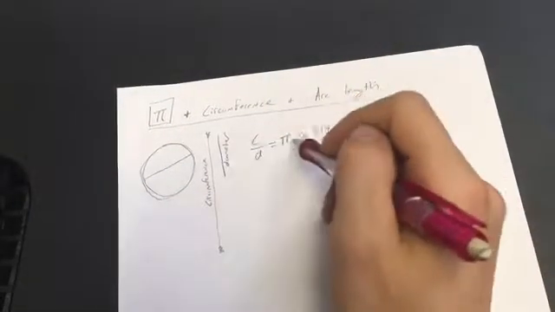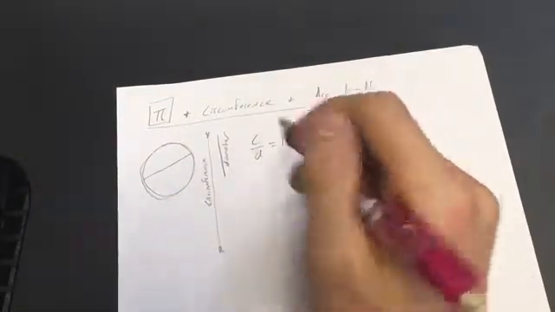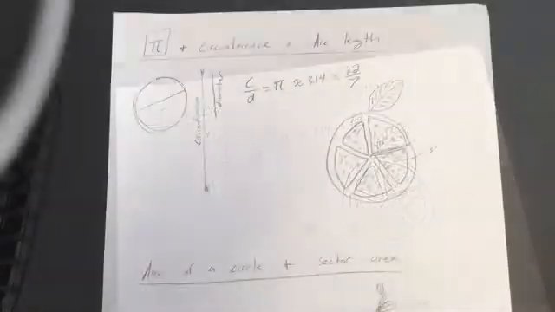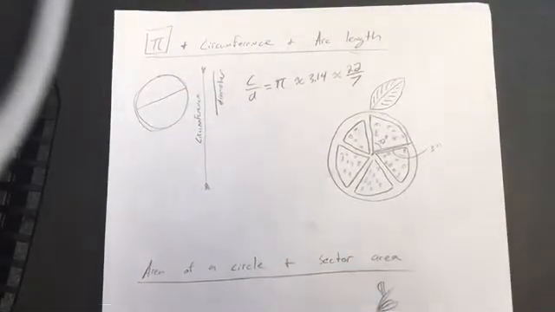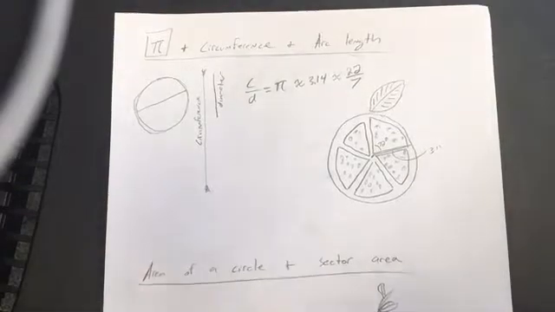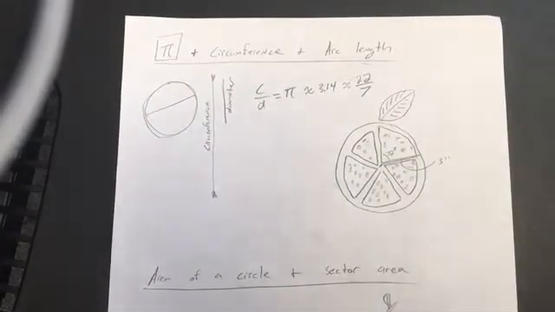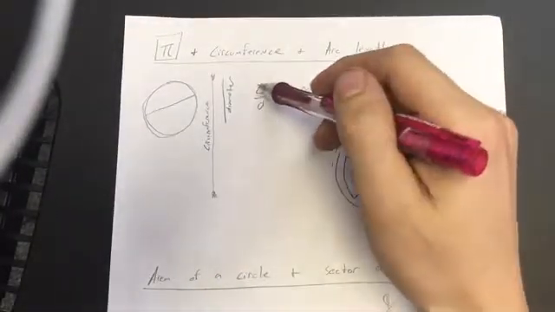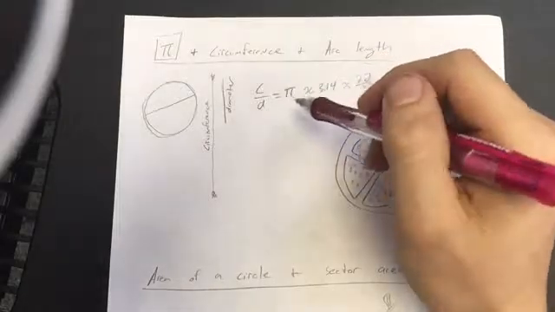So we can rearrange this formula for pi to figure out what our circumference is. Circumference and diameter are exactly related by this number. This ratio provides a number, and that number is pi.